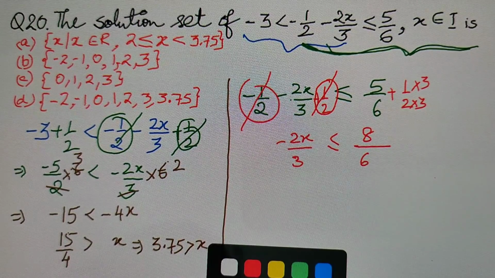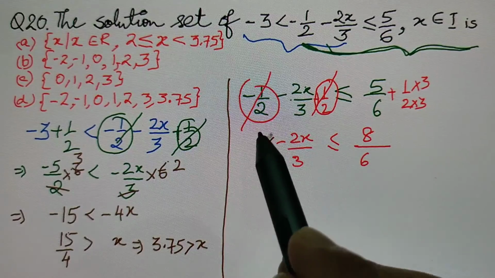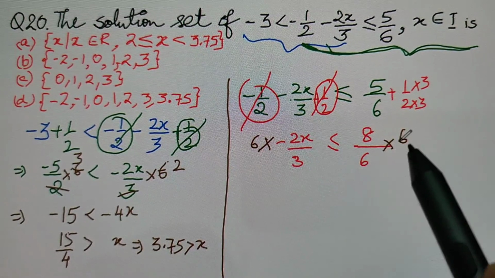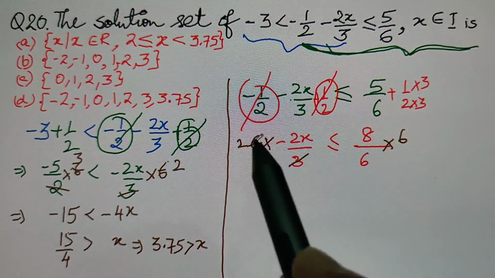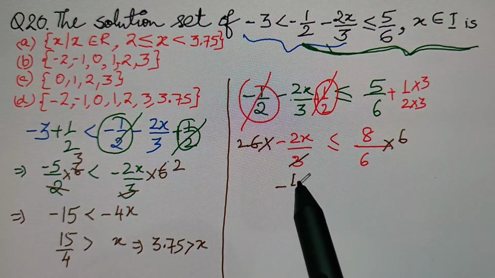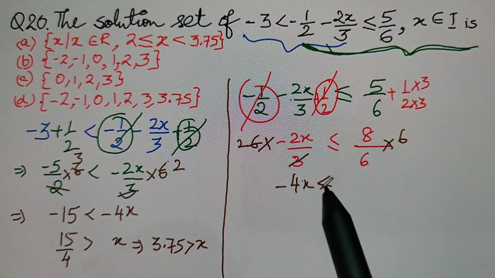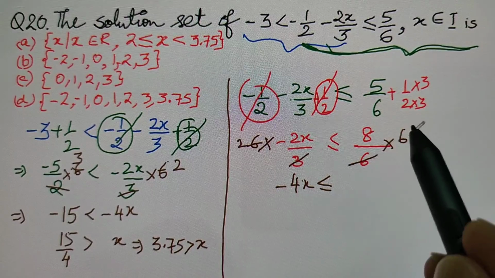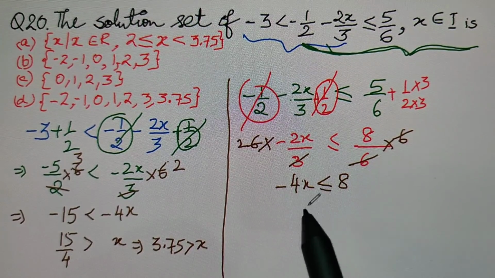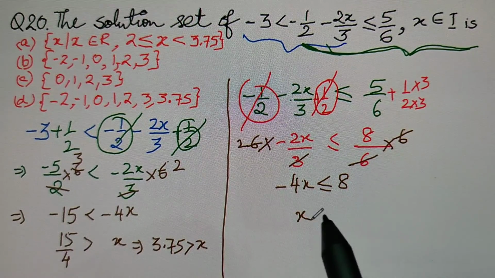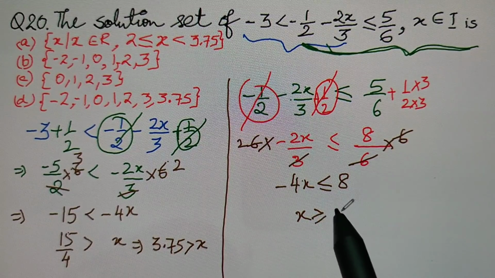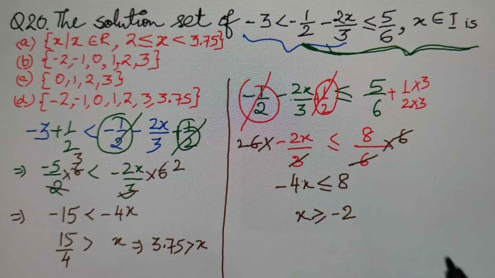Fine. Again multiplying both sides by 6, 3 ones and 3 twos. Here I get minus 4x, which is less than or equal to 8. So if x is made positive, then it becomes minus 2.